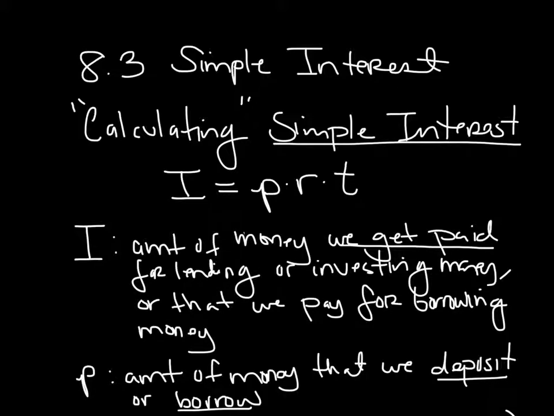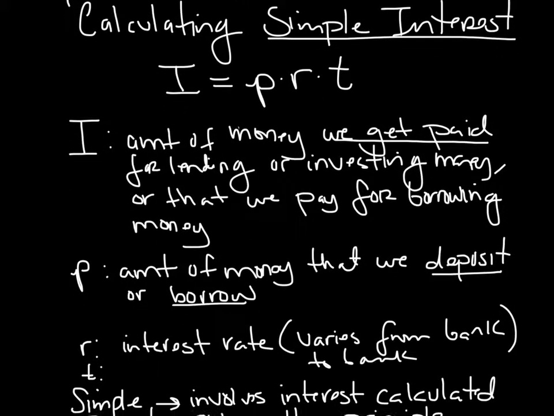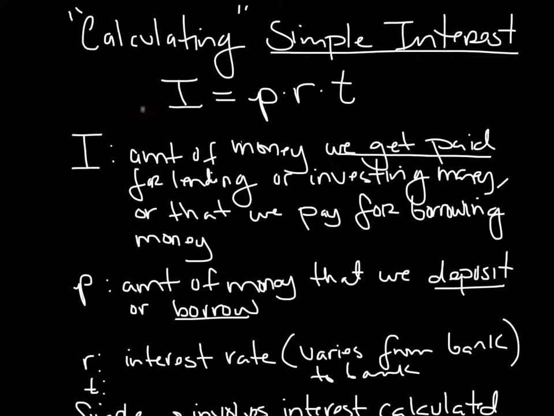To calculate simple interest, it's just I = PRT. In the book they don't have the dots, but that means you're multiplying P times R times T. So what are P, R, and T? First of all, what you're calculating is the amount of money that we get paid, either for lending or investing money, or that we pay for borrowing money.